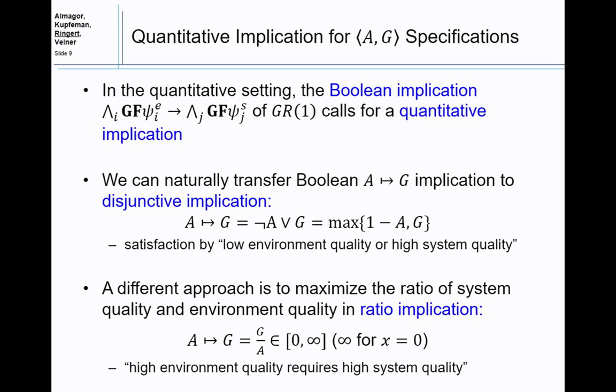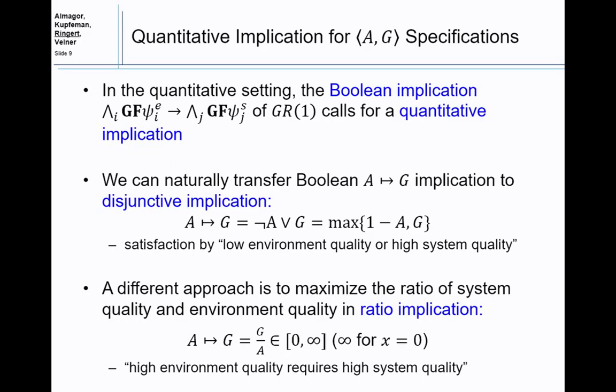But now if we want to move from the Boolean setting to the quantitative setting, we need to have some replacement for this implication. So we need some quantitative implication that also takes care of the values. And there are 2 that we are looking at. One is the natural one, which we called the quantitative implication, where we simply have the Boolean implication, which is negation and disjunction, and then disjunction would be maximum and negation would be 1 minus.